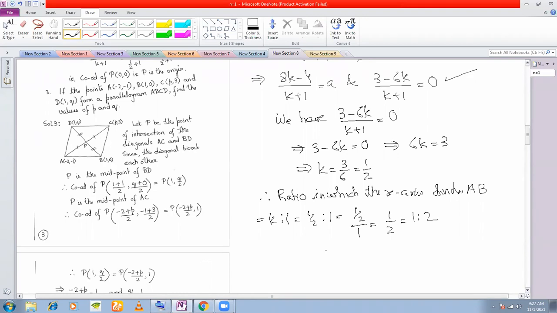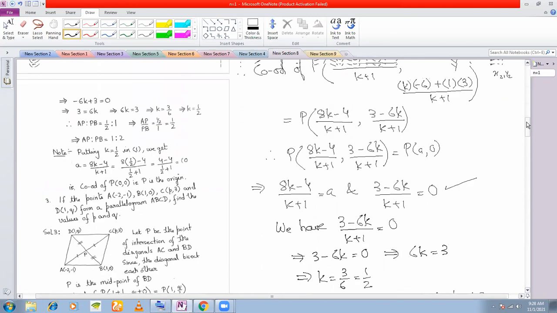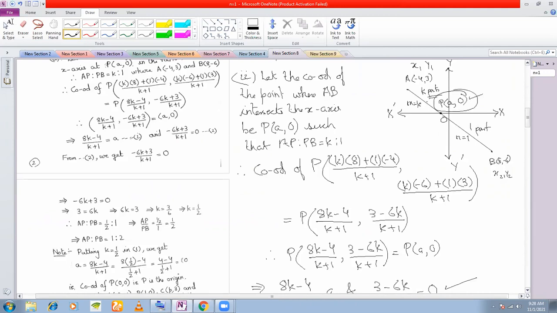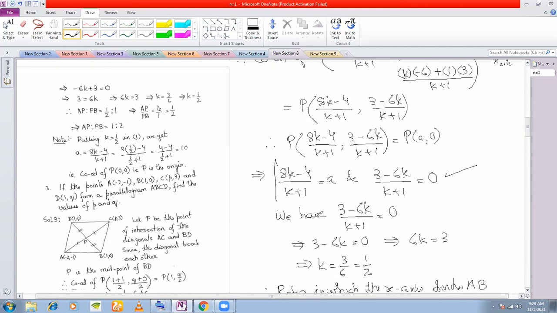So that is all. Now, if the question asks you to also find the coordinates of P here, then we would have taken this equation also. We have put the value of k is equal to half in this equation, found out the x coordinate, and we could have found out the coordinates of P. Okay. So any question here?